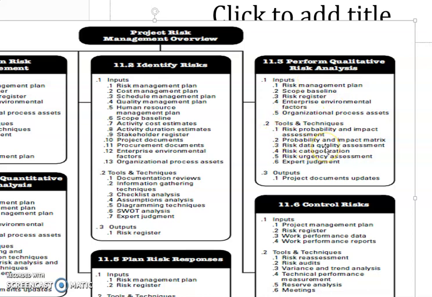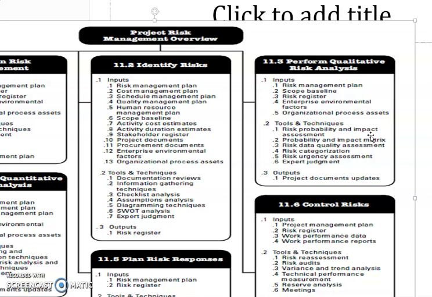Tools and techniques. Risk probability and impact. As I said, there is a scale described, fixed by the team. Suppose a risk happens: if it is less than 3, it is low. If it is 3, it is medium.